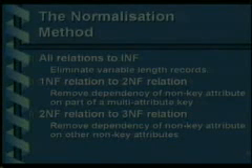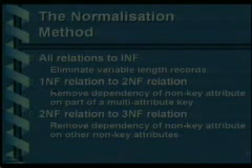Now, what do we do? All relations to 1NF. How do we do that? Eliminate variable length records and you just get a table. Over. 1NF relation to 2NF relation. What do we do? Remove dependency of non-key attribute on part of a multi-attribute key. This is precisely what we did in the example.